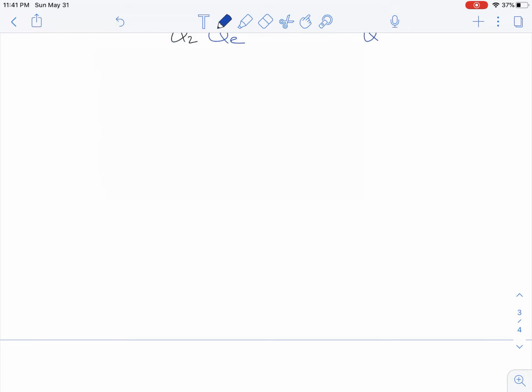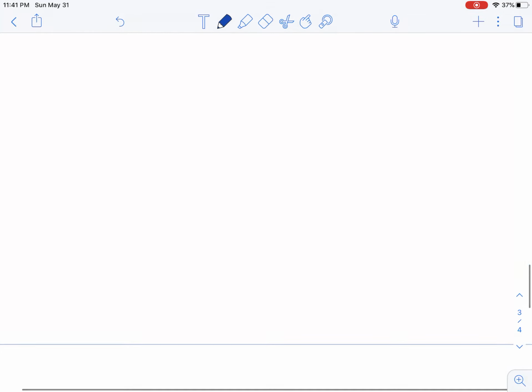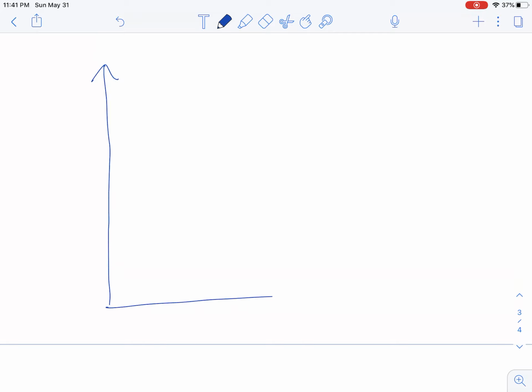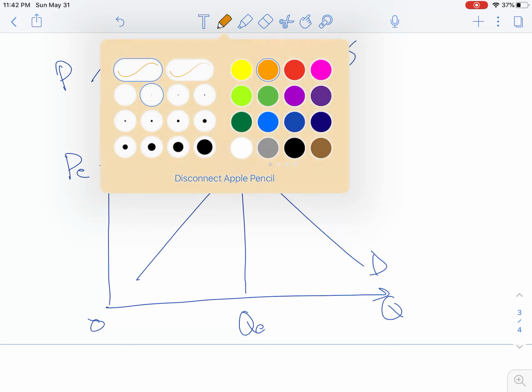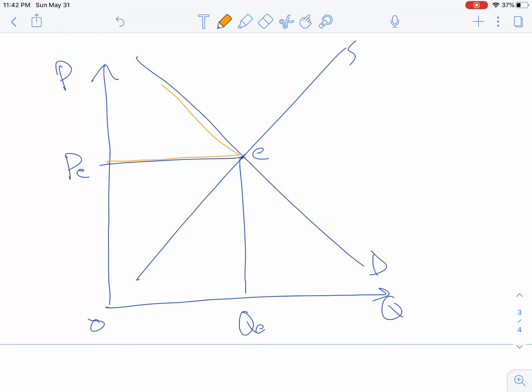So the interesting thing here is that the end result is the same. The legal incidence has absolutely no effect on the economic incidence. Right? Here's your demand curve, here's your supply curve, there's your equilibrium, so your price in equilibrium, your quantity in equilibrium. Let's be thorough here. Here's the area of consumer surplus. What have I been using? Purple, I think, right?